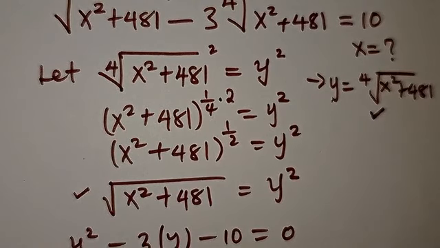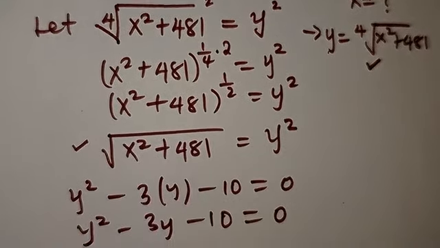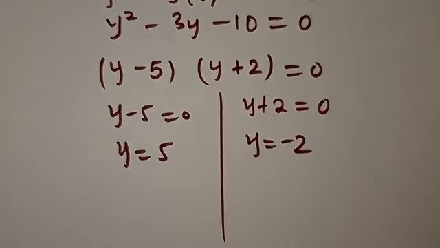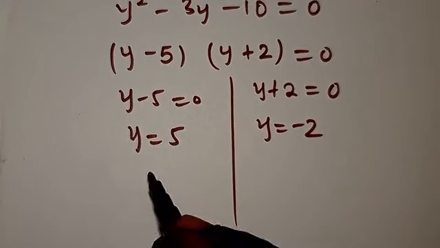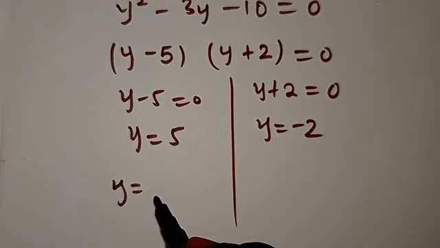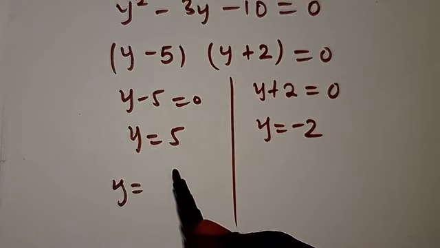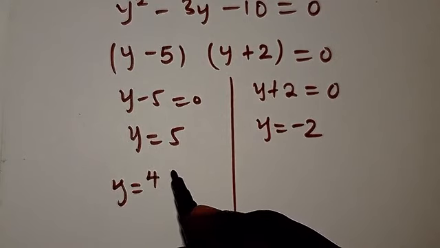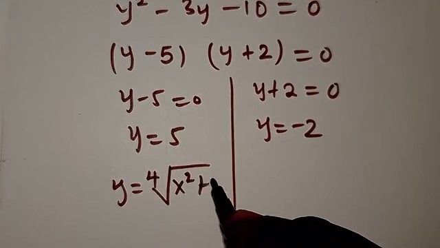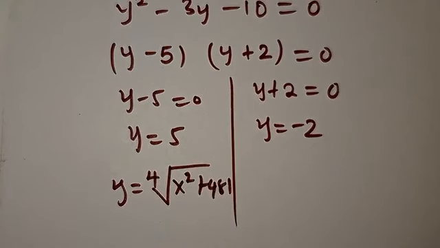We write y equals the fourth root of x squared plus 481.